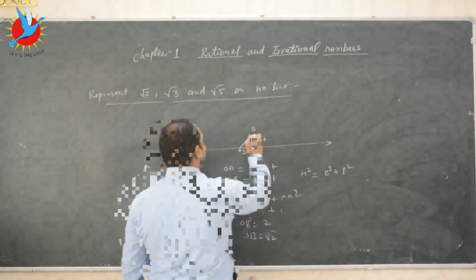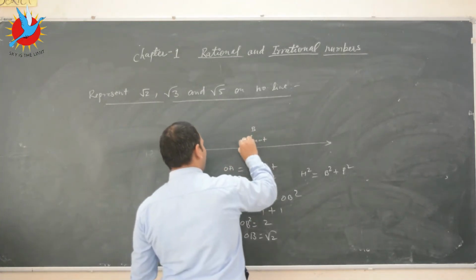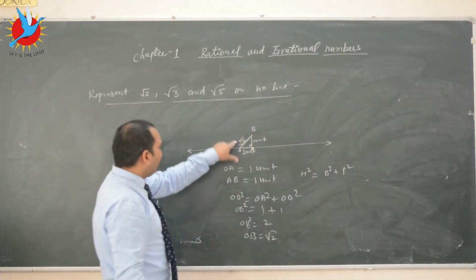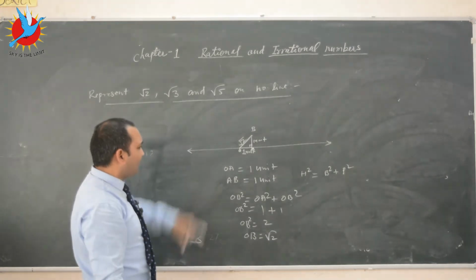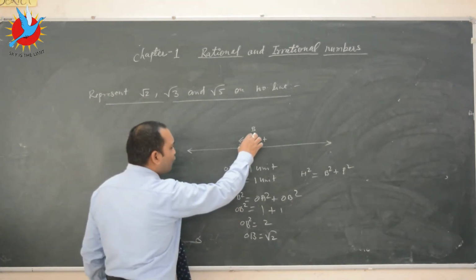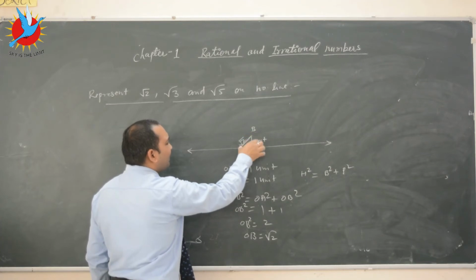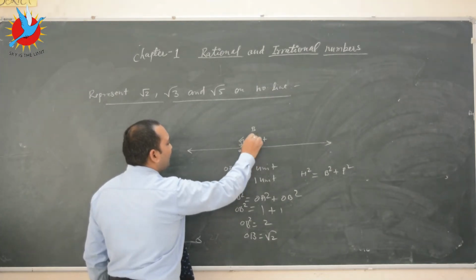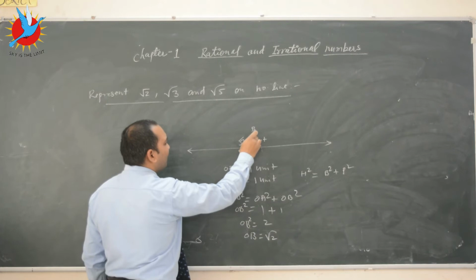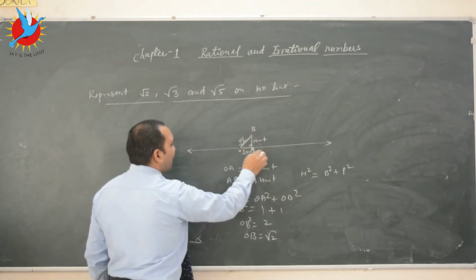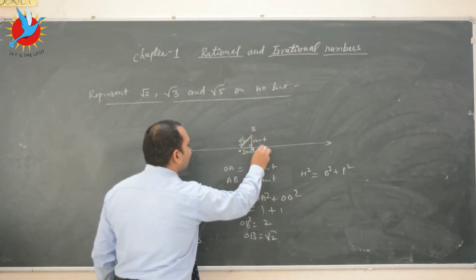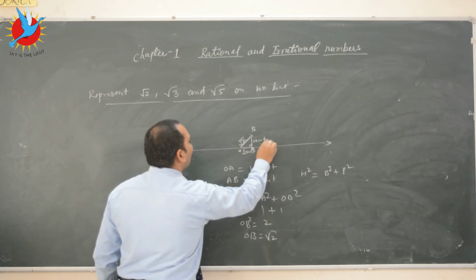So this distance OB is equal to under root 2 units. We take an arc from O to B, and this length is marked on the number line with the help of a compass. So this point is under root 2.